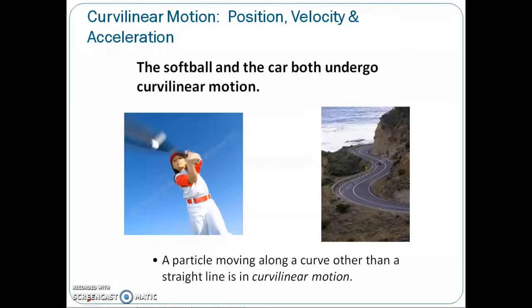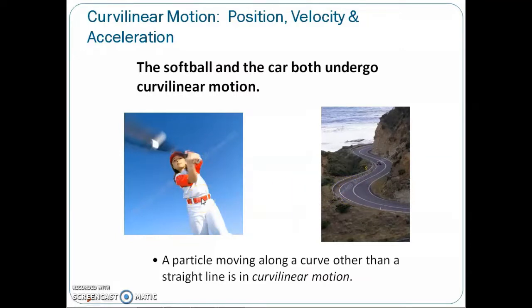Curvilinear motion of a particle is defined as the particle moving along a curve other than a straight line. So these are examples of curvilinear motions. The softball and the car are both undergoing curvilinear motions.